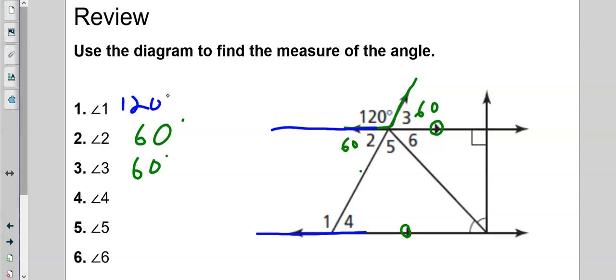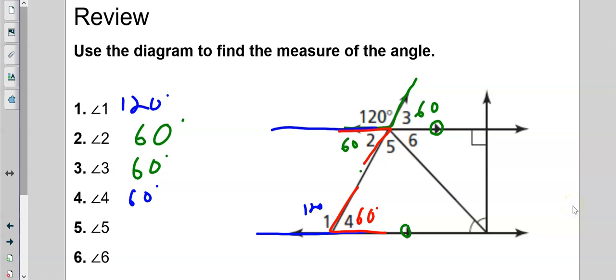Now I know if this is 120, then 4 is a linear pair to that, which makes number 4 60. Another reason number 4 is 60 is because 2 and 4 are alternate interior angles.